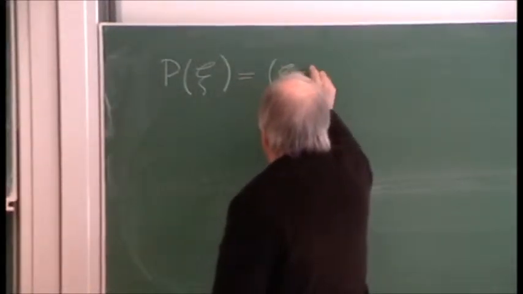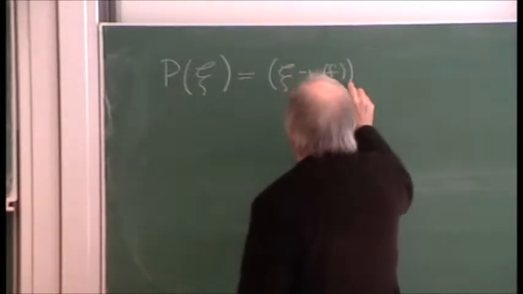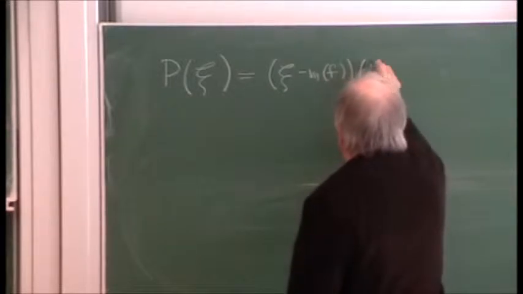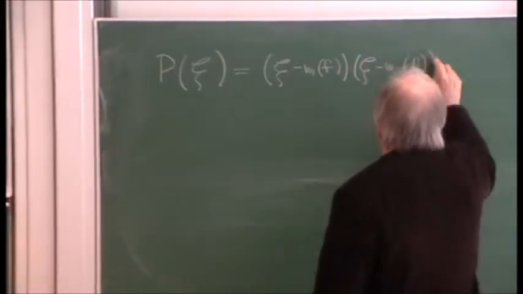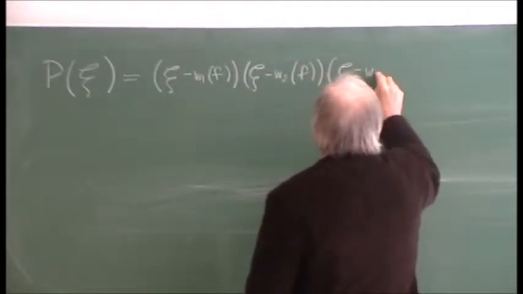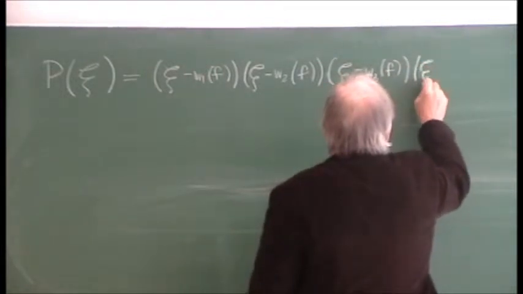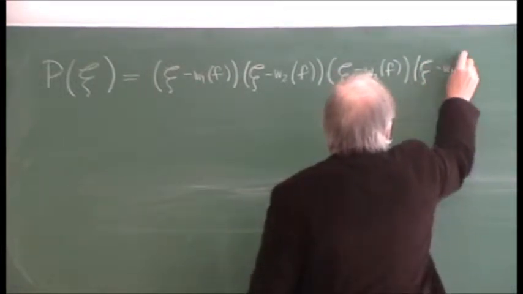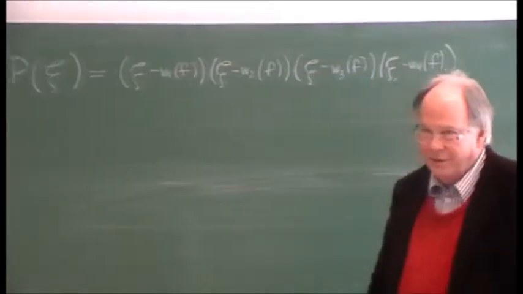Zeta minus W1. Okay, I still go about zeta minus W2. Yeah. Zeta, this is indeterminate. You see, we learn very quickly that stuff like polynomials gives us a way of writing down something that is well defined.